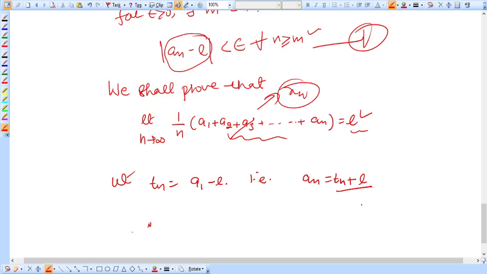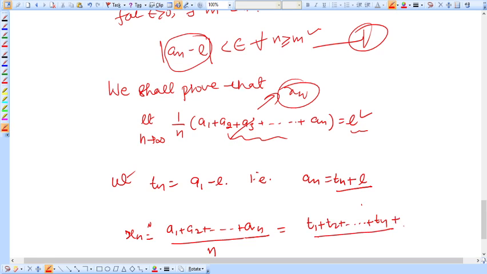So xn is equal to (a1 + a2 + up to an) divided by n, which is equal to (t1 + t2 + up to tn) divided by n, plus nL.